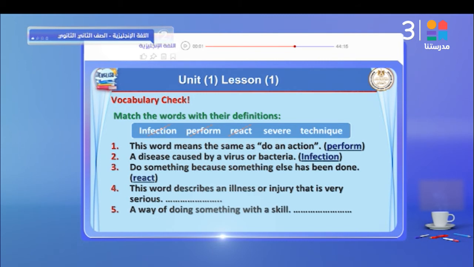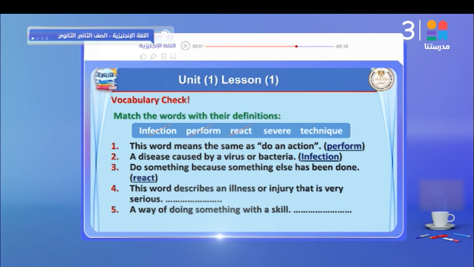Number 4, this word describes an illness or injury that is very serious. Okay, so when I have an injury or an illness, I describe this injury or illness by being very serious. في بعض الانجريز أو الجروح بتكون خطيرة. Okay, so what should I say?